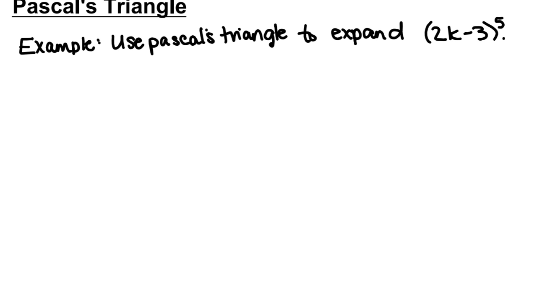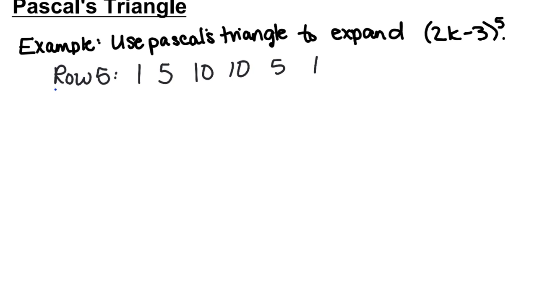This is the 5th, so I need the 5th row of Pascal's triangle. What was the 5th row? 1, so row 5. We need 1, 5, 10, 10, 5, 1. And then the way that this is going to work is I'm going to write this a little different.